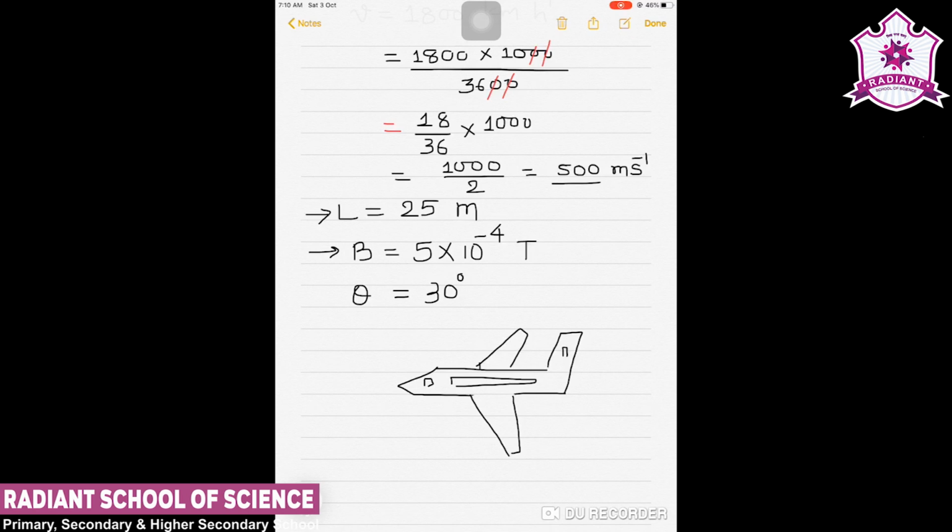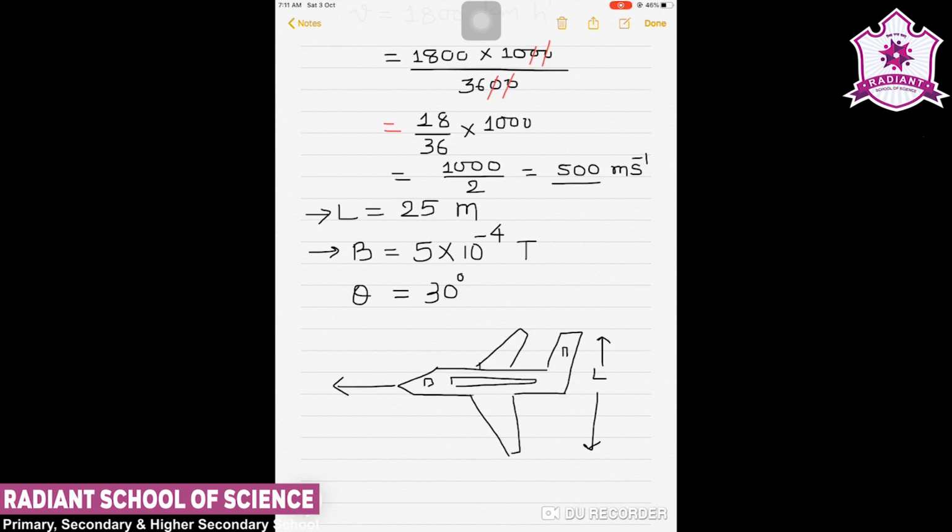So now this is the plane heading towards the west. Now we are given different things, that L is given, this is the L, that is the distance between two wings, and the magnetic field has the value 5 into 10 raised to minus 4 Tesla. As we can see, it makes an angle of 30 degree with the original magnetic field.